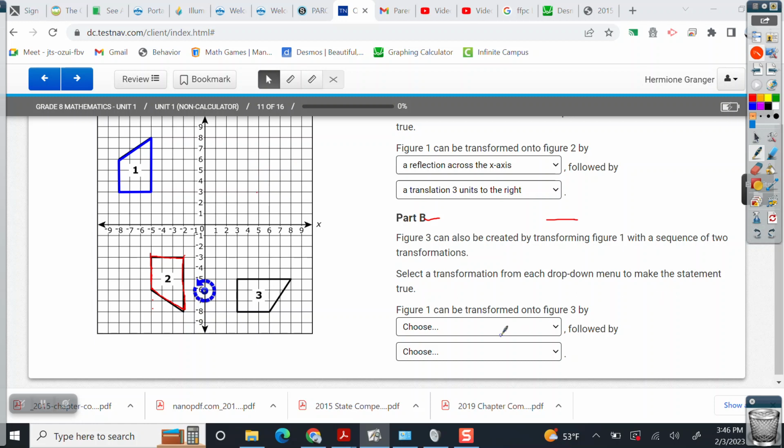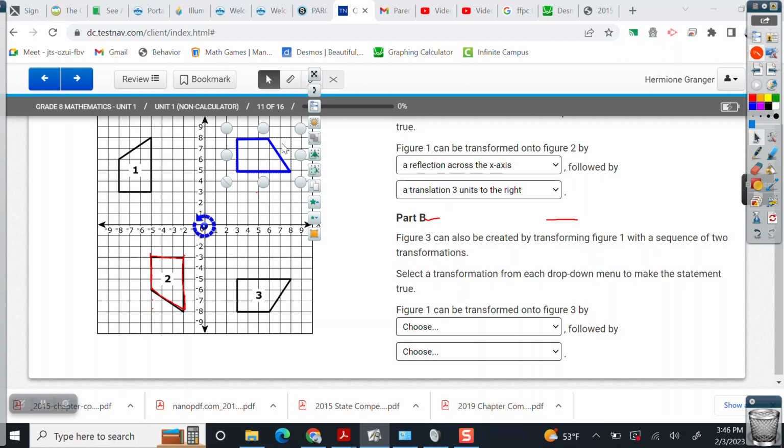All right. So then our next choice is a 90 degree rotation clockwise about the origin, and then a translation 7 units to the right. That's clearly not going to work. But a 90 degree rotation about the origin, well, that's probably going to help us out here, because I can take this shape 90 degrees clockwise about the origin, and now it's the mirror image of figure 3.